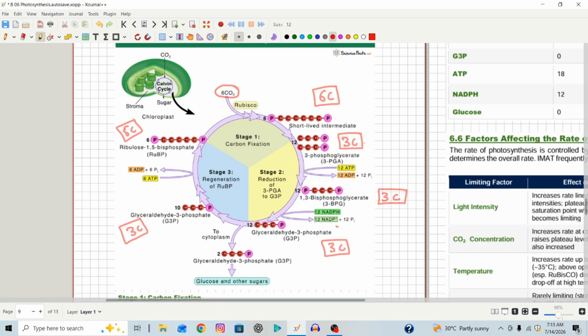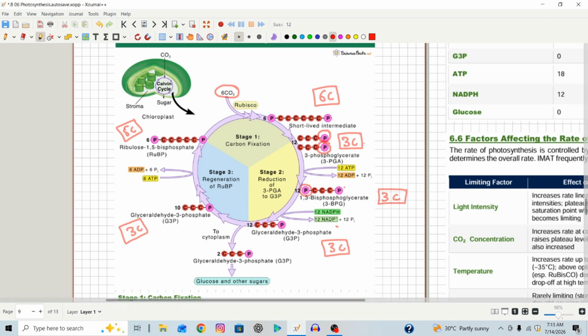You can just jump towards the 2 three-carbon compounds, that is 3-PGA. So the 3-PGA has phosphate groups attached to it. As you can see here, 3-phosphoglycerate contains phosphate at carbon number 3. So it will be converted into 1,3-bisphosphoglycerate.